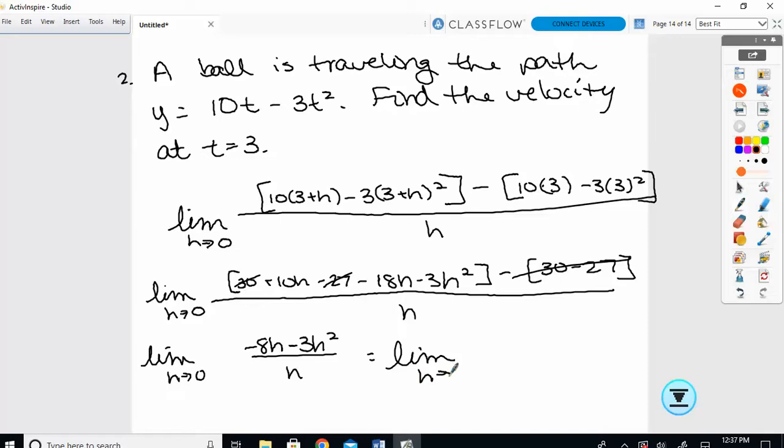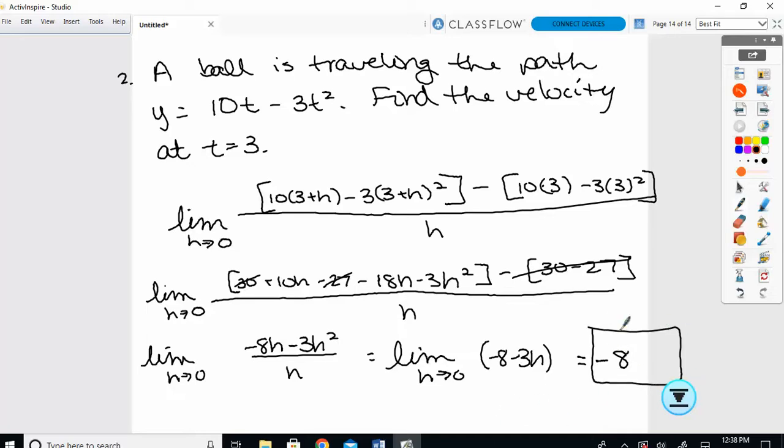So if you take an h out of everything, and then if you plug in 0, you get negative 8. So my velocity is negative 8.